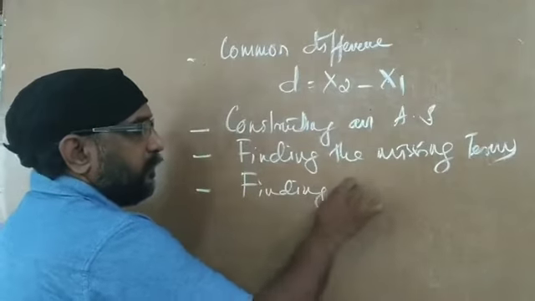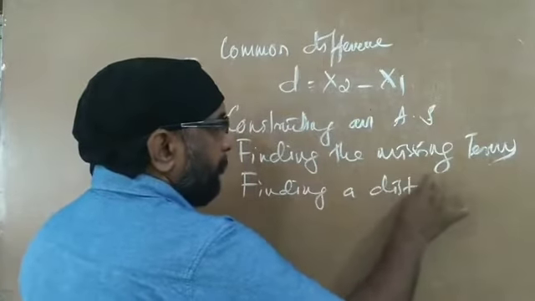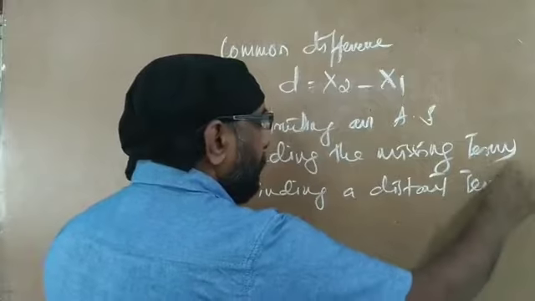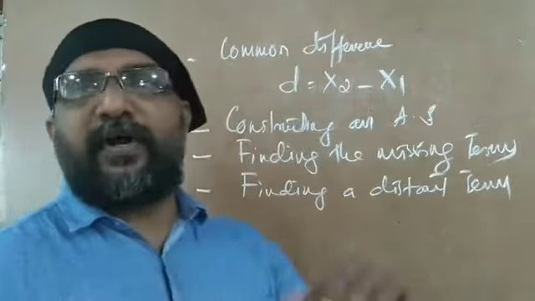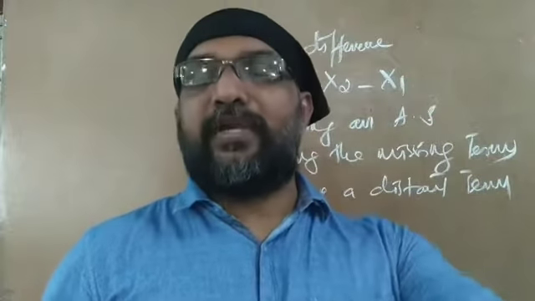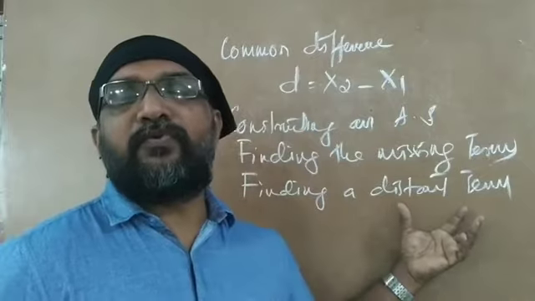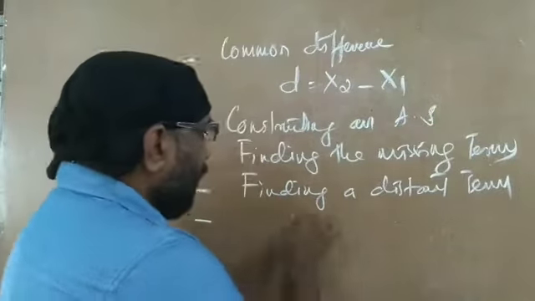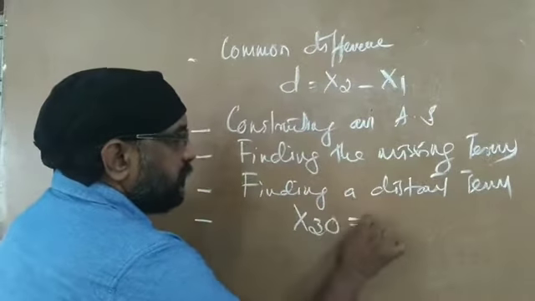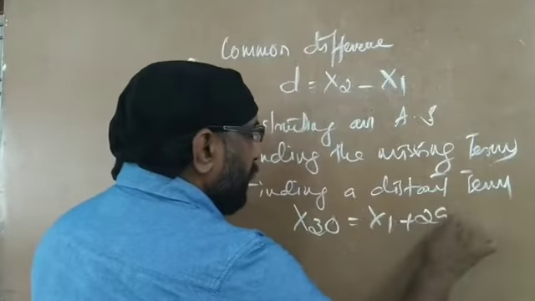Okay. After that, next comes the idea to find a distant term. Finding a distant term. To find the 32nd term, to find the 28th term, that needs an idea. If you want to find the 30th term, x30 is equal to first term plus 29d.